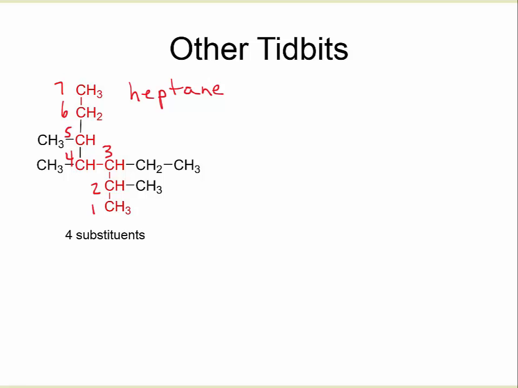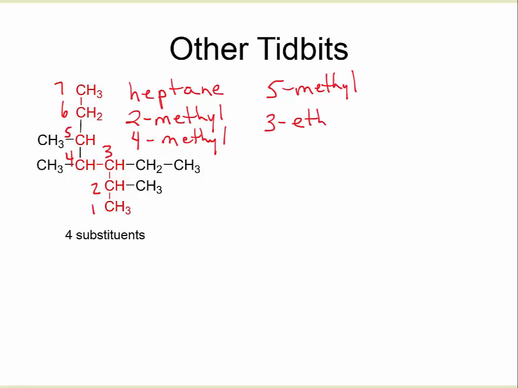I know that I've got a 2-methyl. I know that I've got a 4-methyl. I know that a part of the name is going to be 5-methyl. I also know that a portion of the name is going to be 3-ethyl.